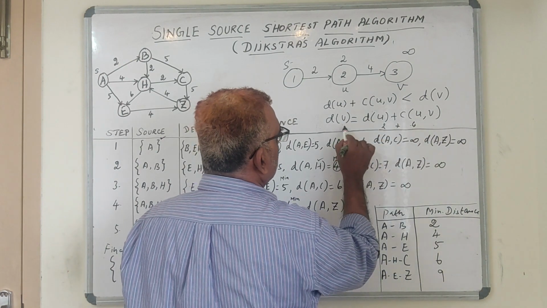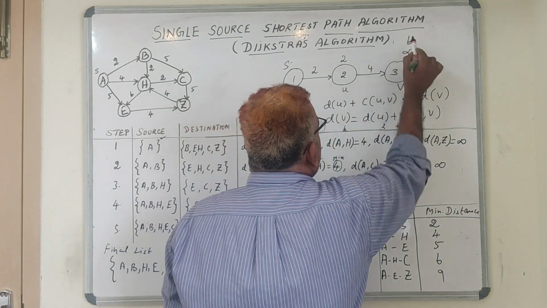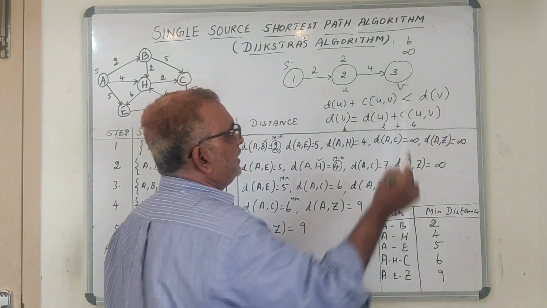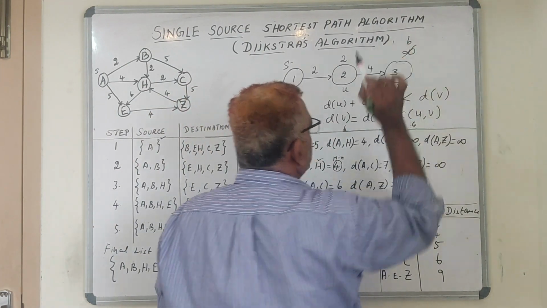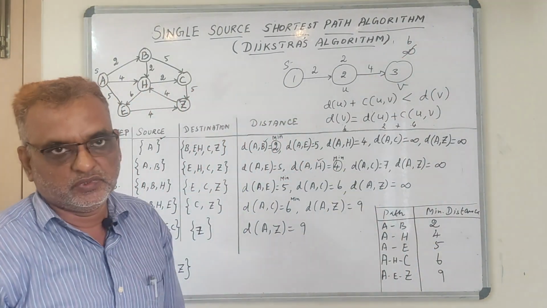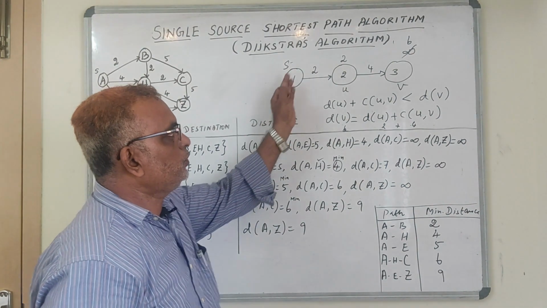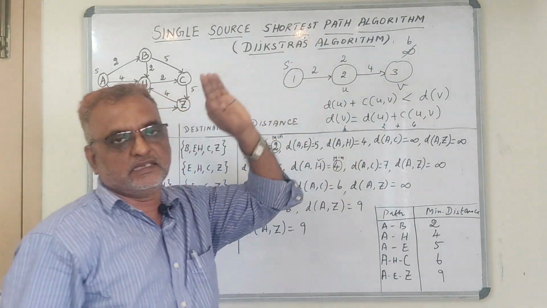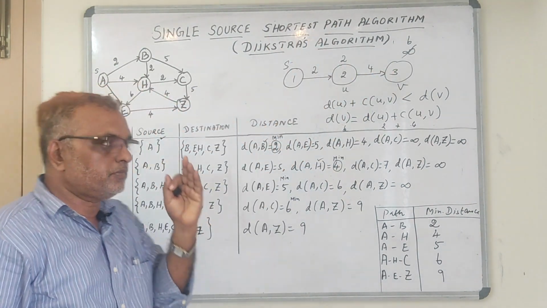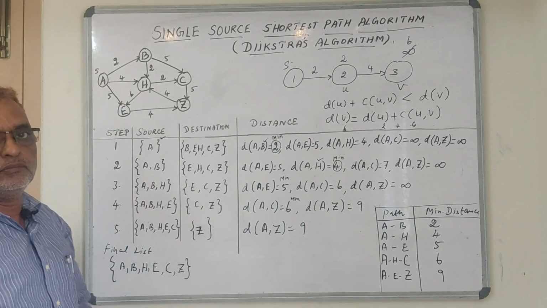So the total value is 6. So 6 is less than infinity, so we take 6 as the value. So reaching node 3 from 1 costs 6. This concept we are going to use in this graph.